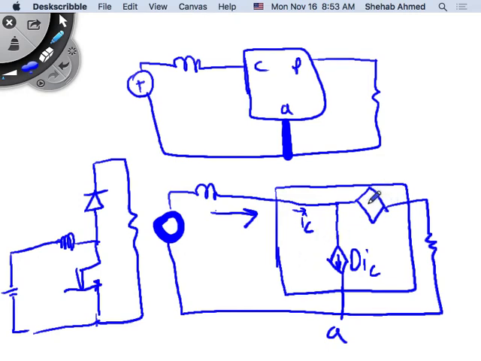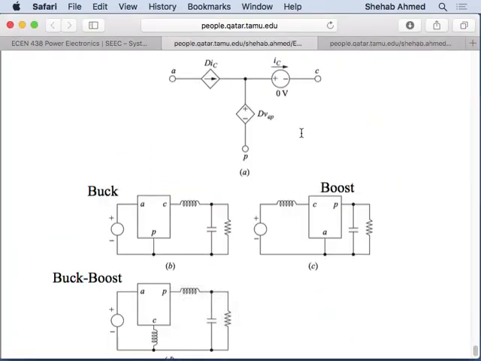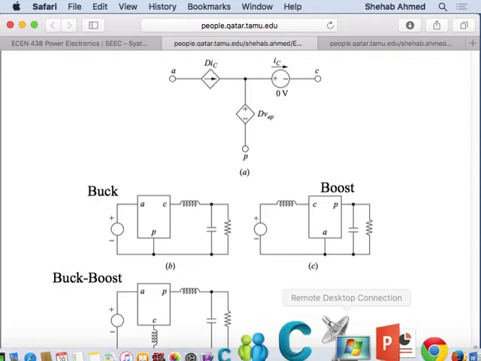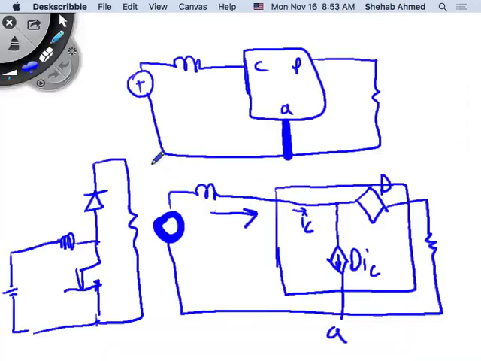And then this is D times VAP, which is this voltage. This is VAP.